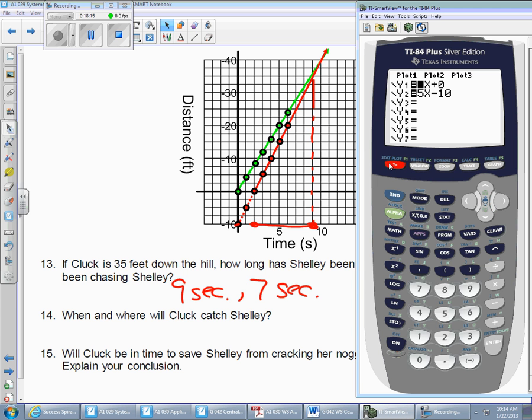So to do that, we go into the Calculate menu. Option number 5 for intersect. I'm not entirely sure that we have the intersection in the screen there, so I'm going to zoom out a little bit.